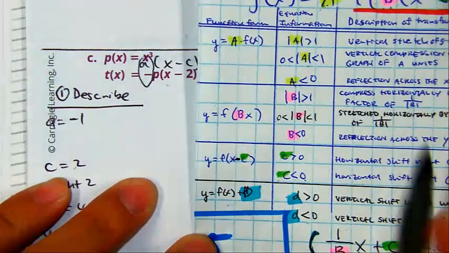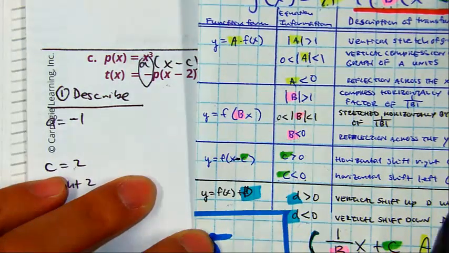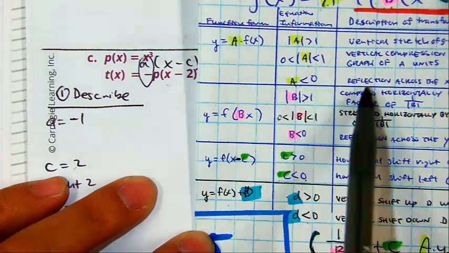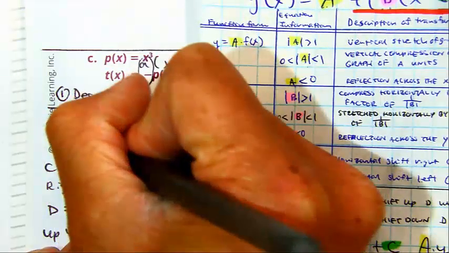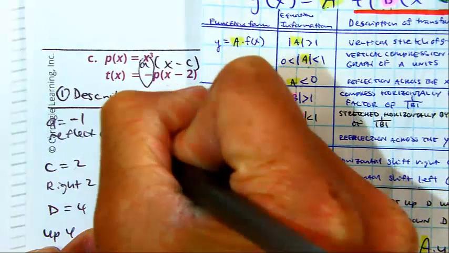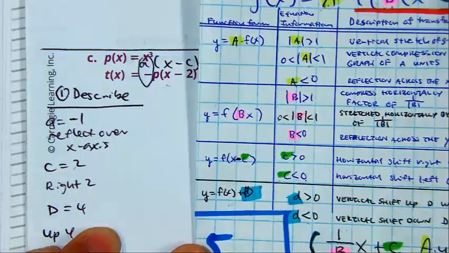Is it bigger than 1, between 0 and 1, or less than 0? Less than 0. What does it tell you? Reflect over the x-axis. Okay, raise your hand if you got that.